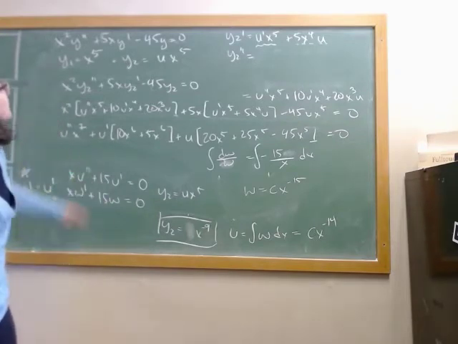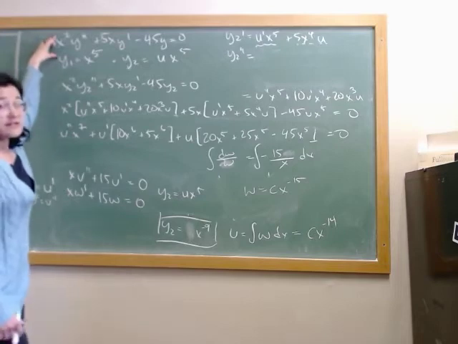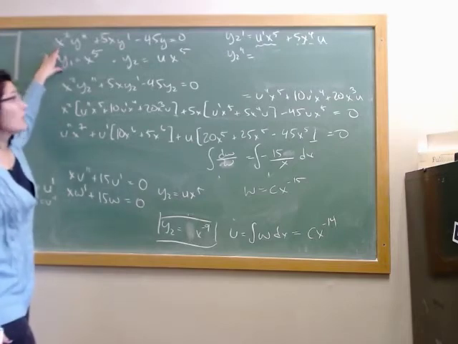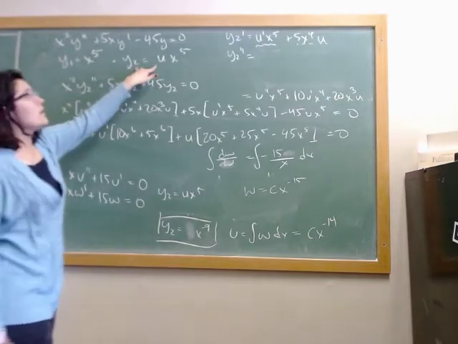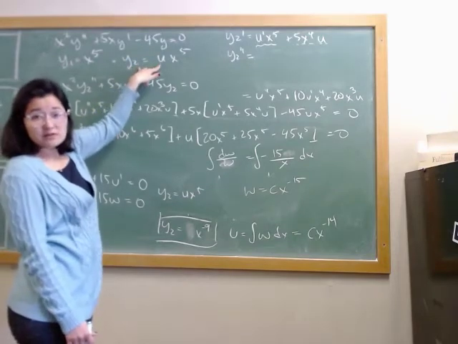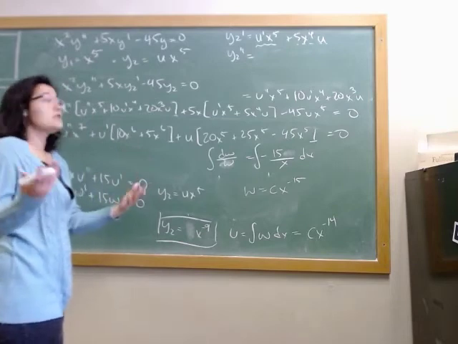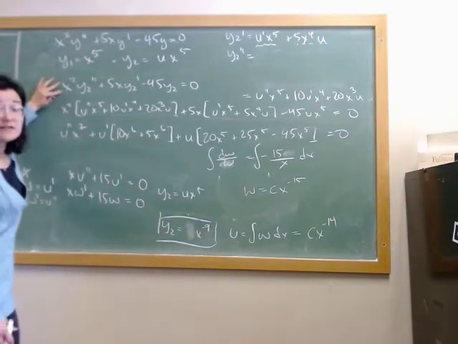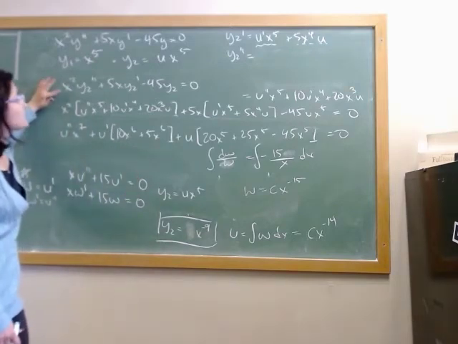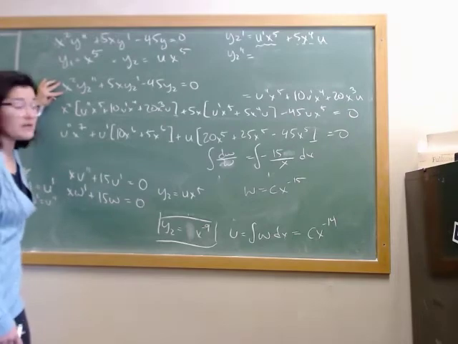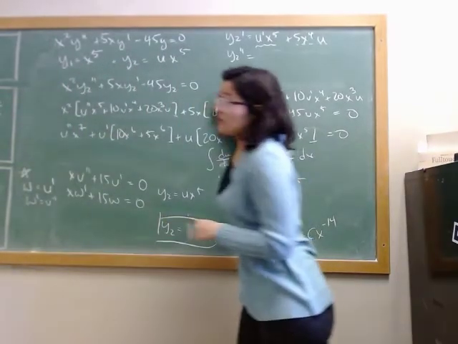So I would come in and I would say, I was given this differential equation to solve along with this solution. When we do reduction of order, we always assume y2 is u times x to the 5th, but we don't know what u is. So we plug into the differential equation to see if we can learn what u needs to be. To do that, I need my derivatives.